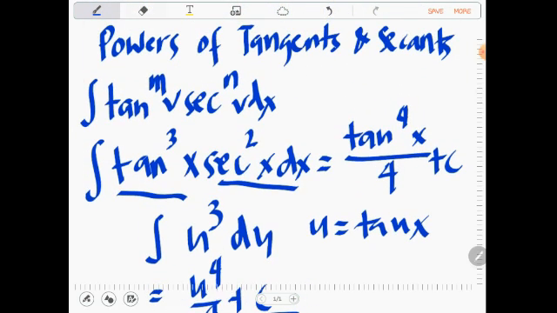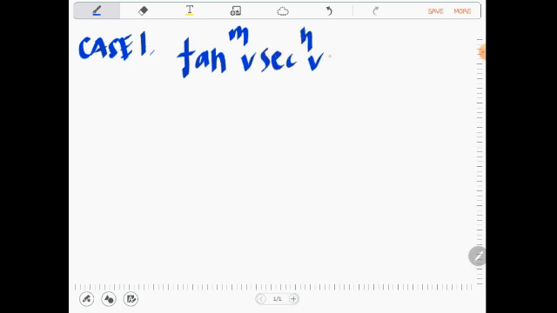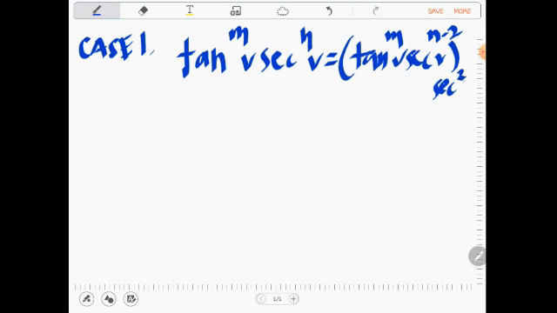Case number 1. Katulad ng mga nauna na method of integration, we have set of cases. So, case number 1: when m is any number and n is a positive even integer greater than 2. So yung ating formula, tan raised to m of v, secant of n of v, that would be equals to tangent raised to m of v, secant of n minus 2 of v, then yung nandun sa baba, kung kanina minus 1, then yung nandito sa dulo ay secant lang, dito ay may squared siya.